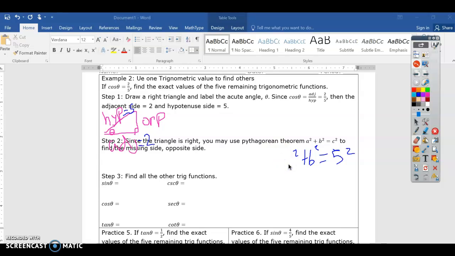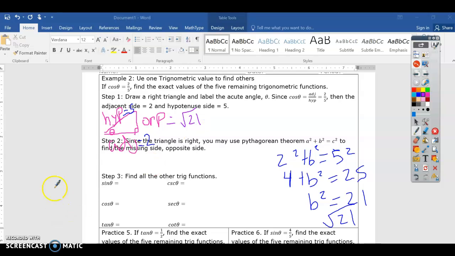So that's 2 squared, which is 4, plus b squared equals 5 squared, which is 25. So b squared is 25 minus 4, which is 21. Take the square root, so my opposite side is the square root of 21. We know that sine is opposite over hypotenuse, so that's the square root of 21 over 5.